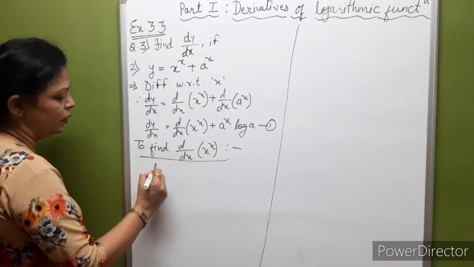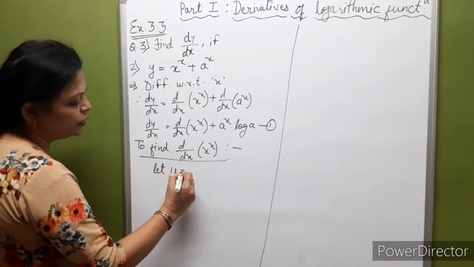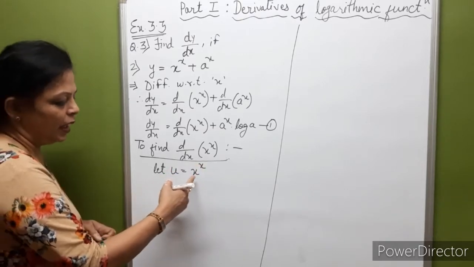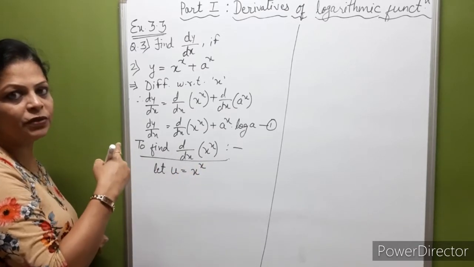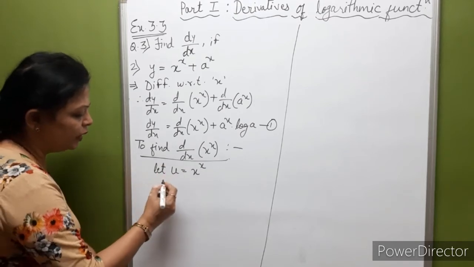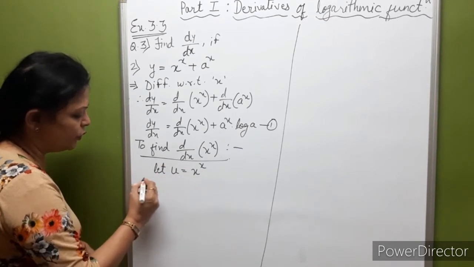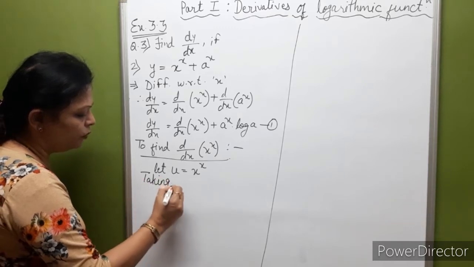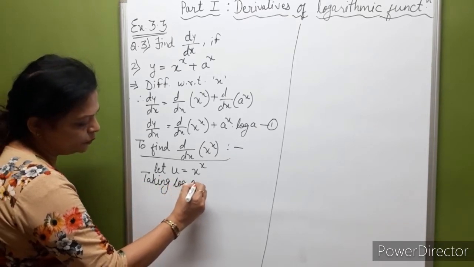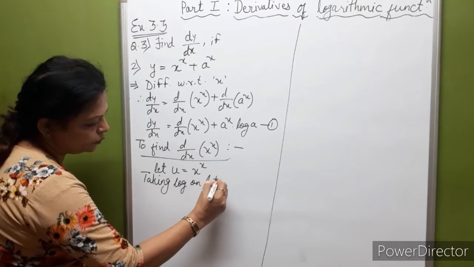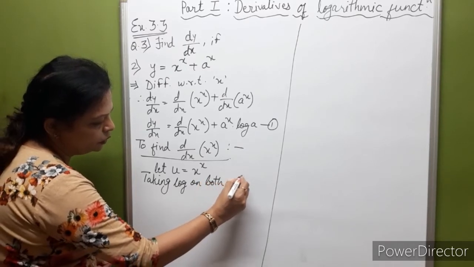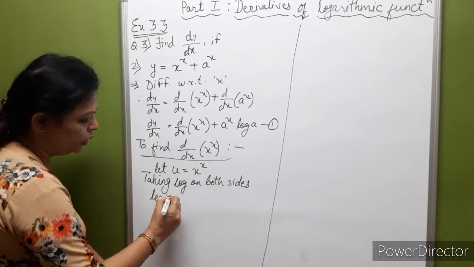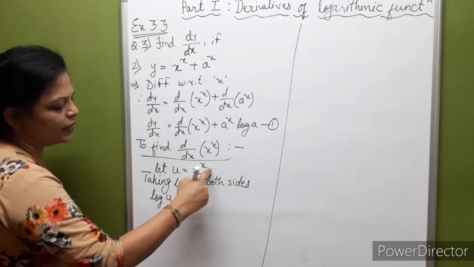We'll say let u is equal to x raised to x. We have done this same type of function in the previous sum somewhere. You can refer to that. So let u is equal to x raised to x, then taking log on both sides, you get log u is equal to log of x raised to x.